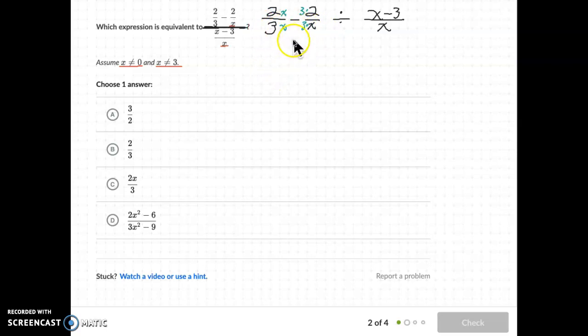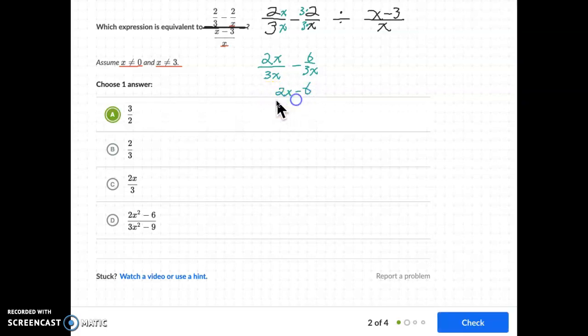So we can rewrite this as 2x over 3x minus 6 over 3x. And when the denominators are the same, right now they're written separately, but we can write them all together like this, just 2x minus 6 all over 3x.